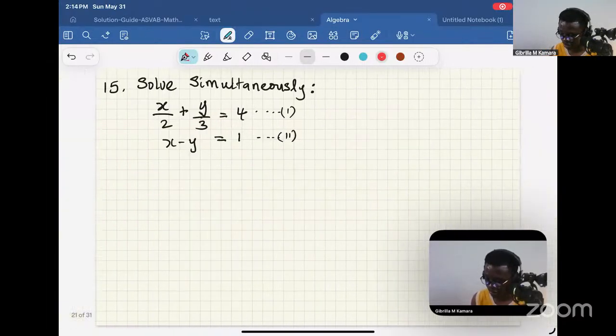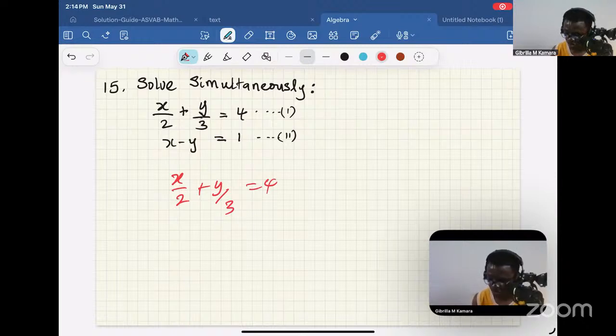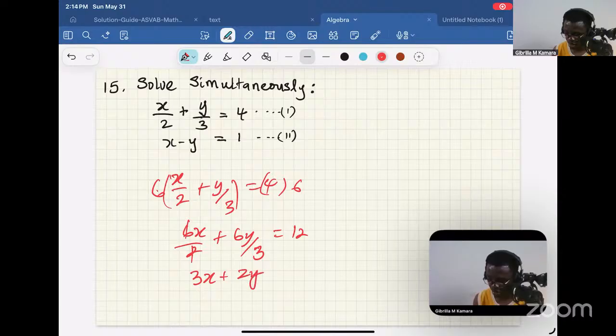I don't know if I can solve one more. So this is very easy. x over 2 plus y over 3 equals 4. The LCM of 2 and 3 is 6. So multiply here by 6, and this again multiplied by 6. Now this becomes 6x divided by 2 plus 6y divided by 3 equals 24. That becomes 3x plus 2y, and everything here equals 24.